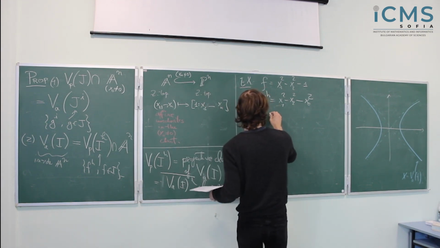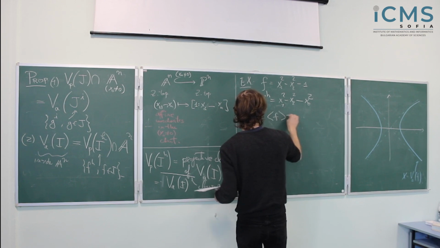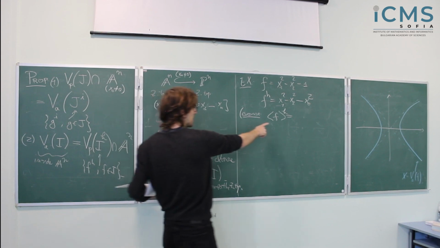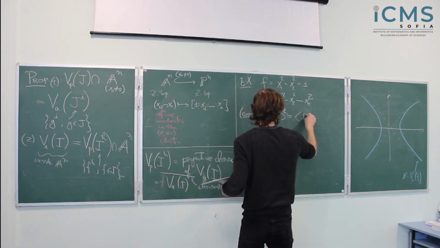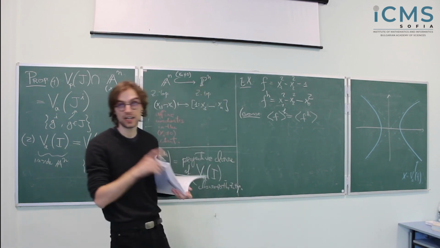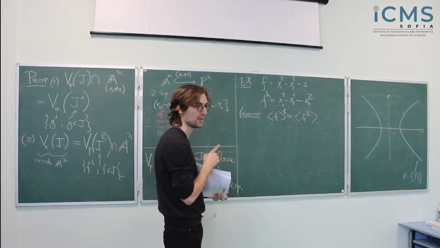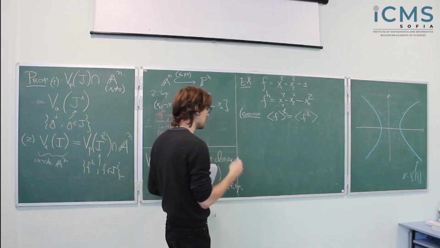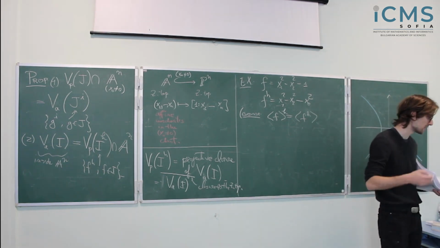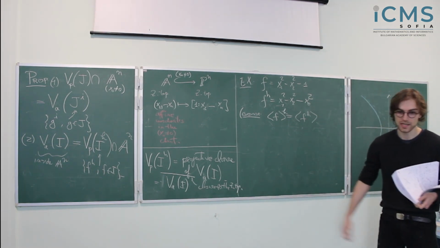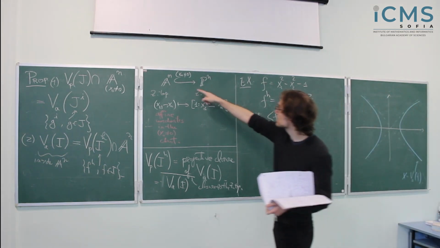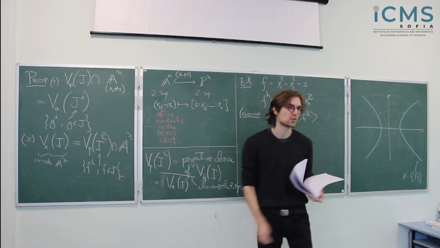The exercise I want to say is the following. Now this is a very interesting case. The homogenization of the ideal will be the ideal generated by the homogenizations. If the ideal is generated by extra elements, this is false generally. If you take a generating set and just take the ideal generated by the homogenizations, you obtain too many points at infinity.